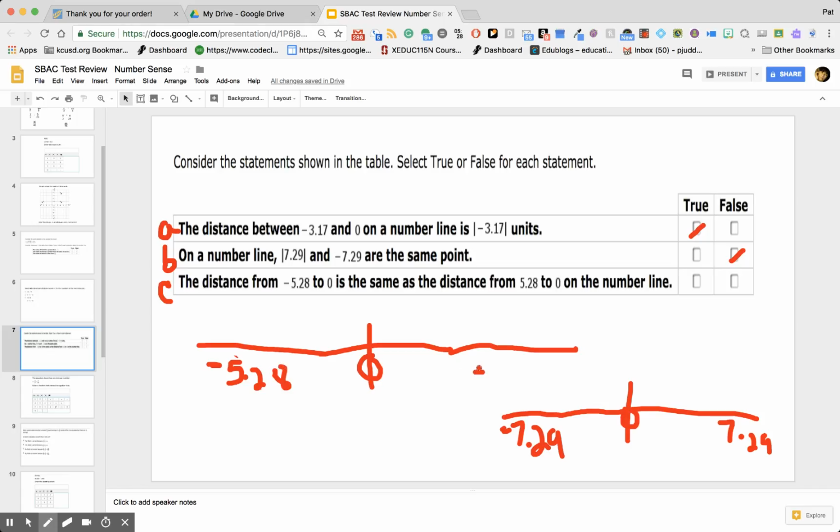Oops. I'll make this a 5. 5 and 28/100ths. So the distance from -5 to 0 and 5 to 0, 5 and 28/100ths and 5 and 28/100ths. The distance to 0 is the same. Yes.